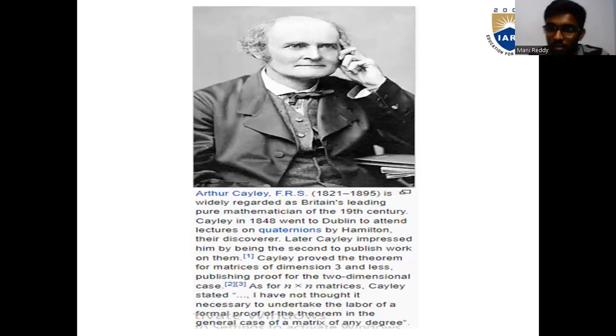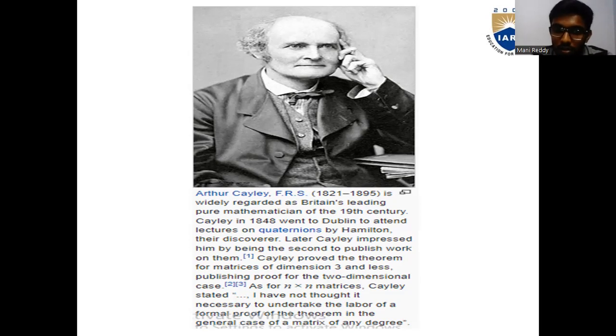Here is one mathematician called Arthur Caley, widely regarded as Britain's leading pure mathematician of the 19th century. Caley in 1848 went to Dublin to attend lectures on quaternions by Hamilton. They discovered later Caley impressed him by being the second to publish work on them.